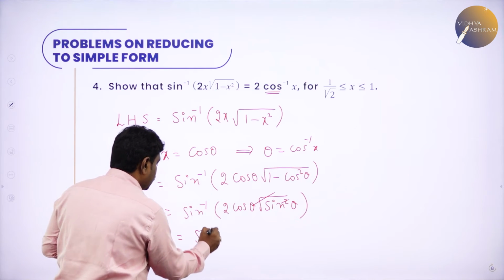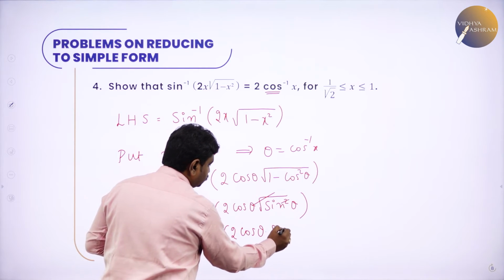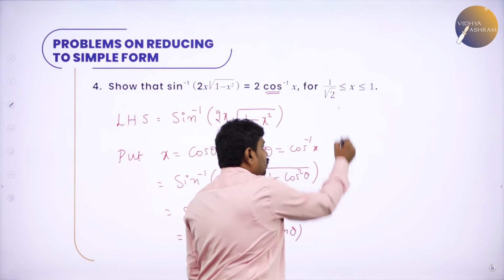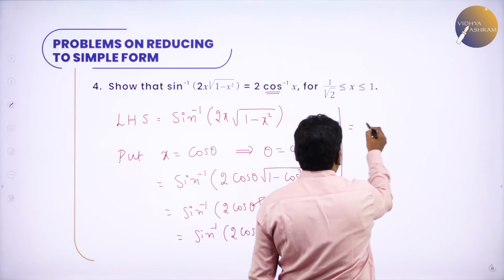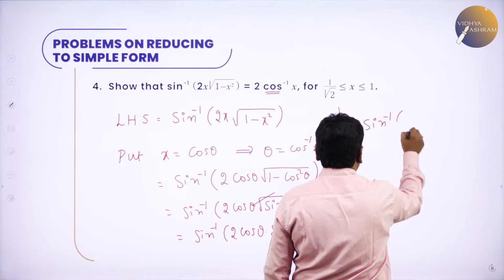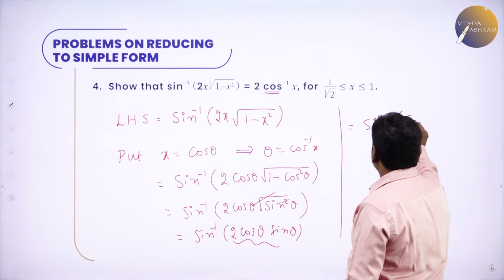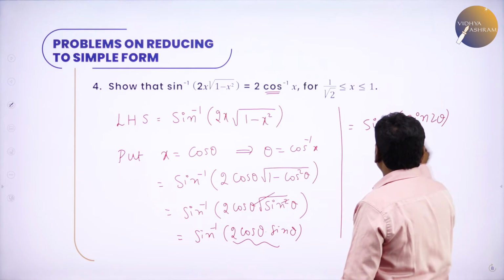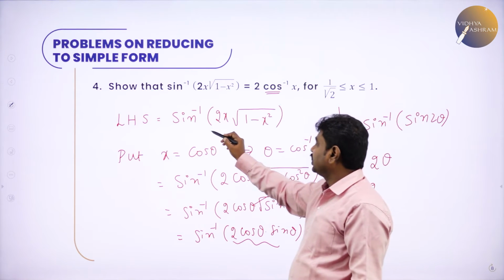Sin inverse of 2 cos theta into sin theta. All of you know 2 cos theta into sin theta or sin theta into cos theta is sin 2 theta. Sin inverse of 2 sin into cos or cos into sin, one and the same. So sin 2 theta. So further sin inverse cancels, giving 2 theta. Further, what is theta? Theta is what?